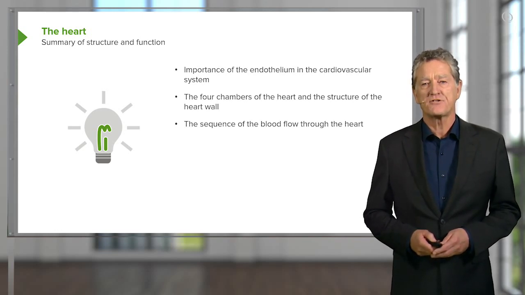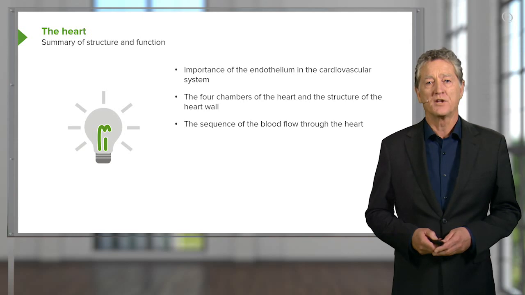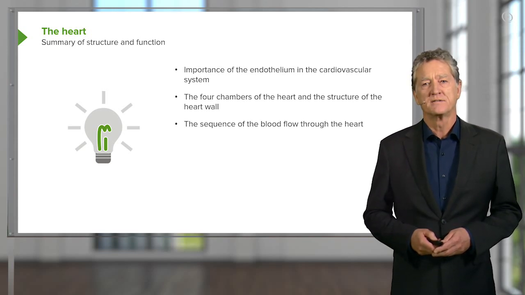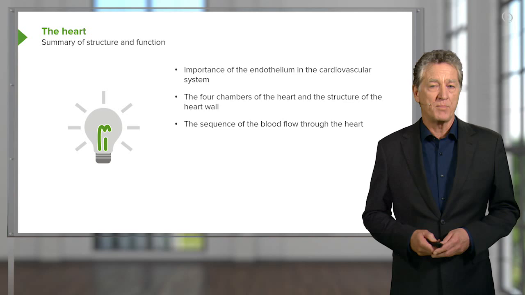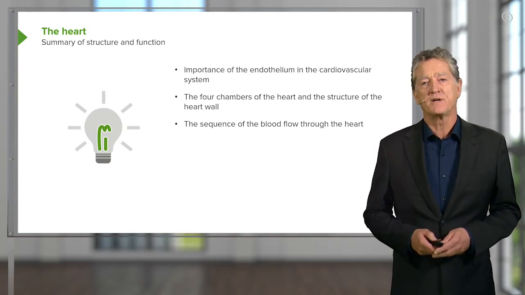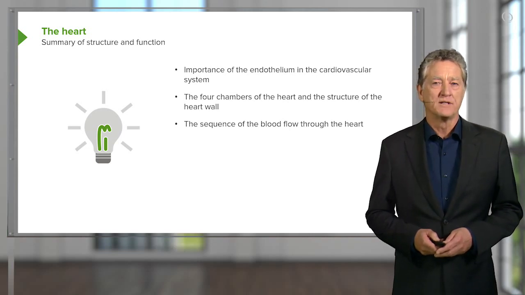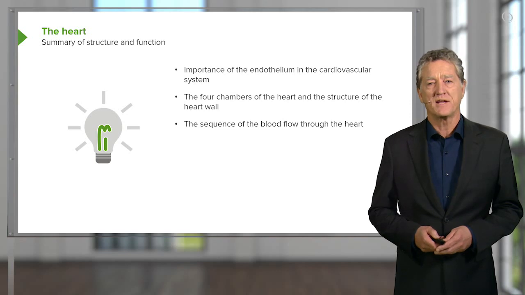Of course, the heart is structured in such a way that it is able to pump blood, first of all, to the lungs to be oxygenated, to then receive that blood back and pump that oxygenated blood to the rest of the body. So the structure of the heart is a very important concept to understand.